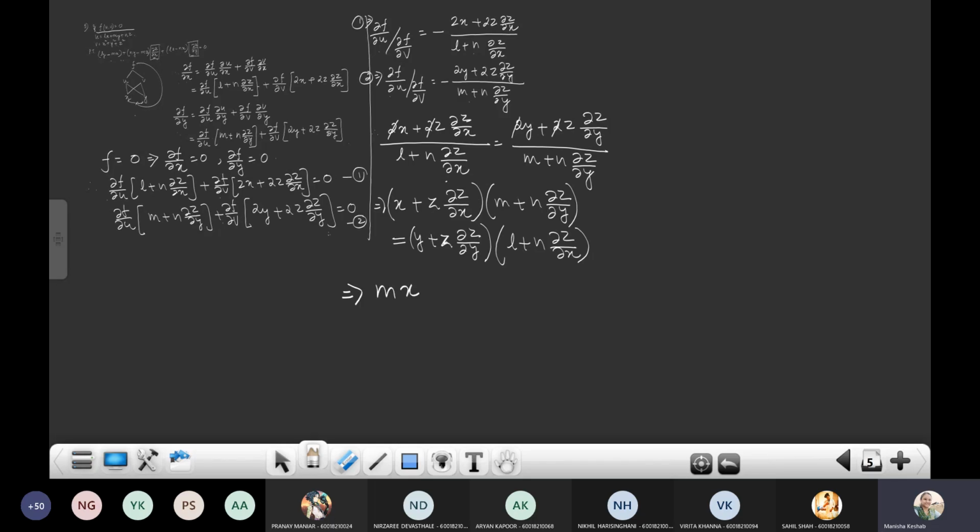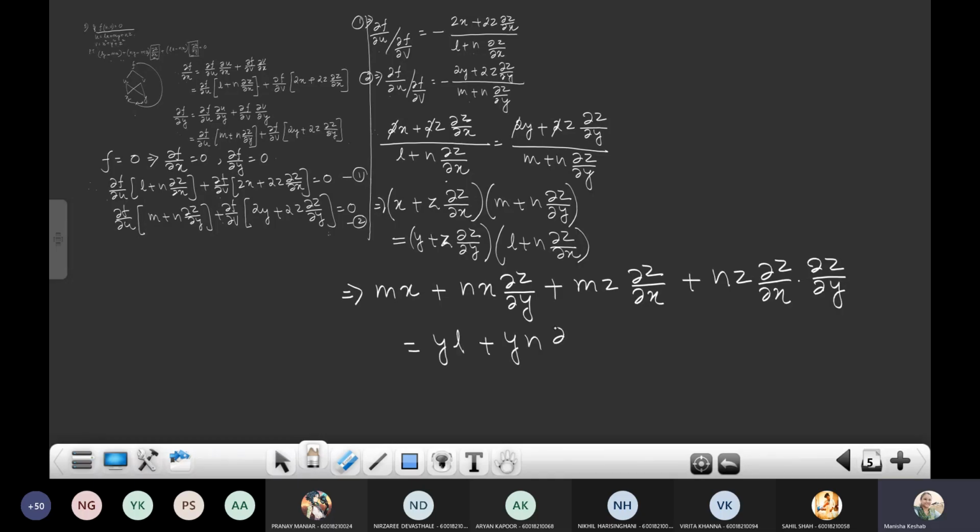So let me write as mx plus nx del z del y plus mz del z del x plus nz del z del x into del z del y, which is equal to, ये भी equal to, so y into L plus yn del z del x plus zl del z del y plus nz del z del y into del z del x. Now if you see, ये दोनों terms same है, so these two terms will get cancelled.